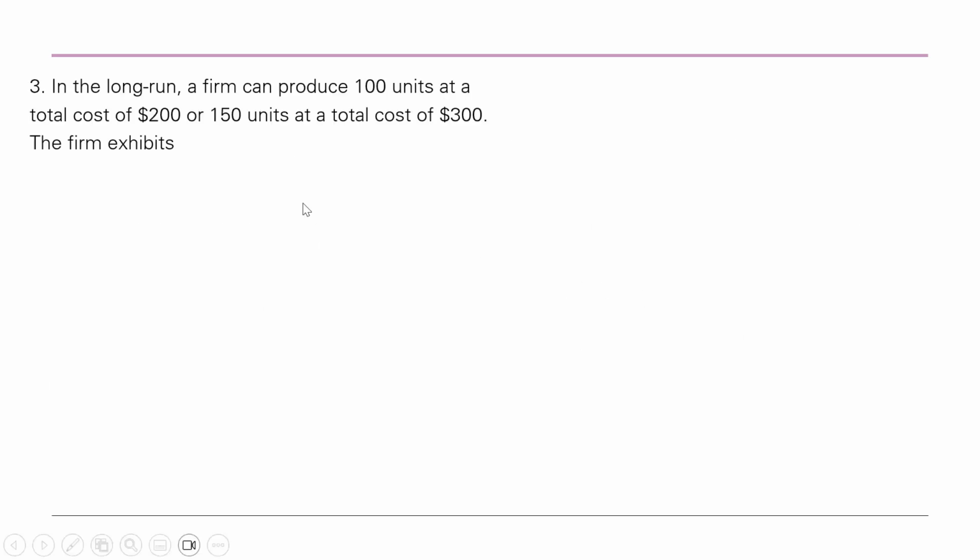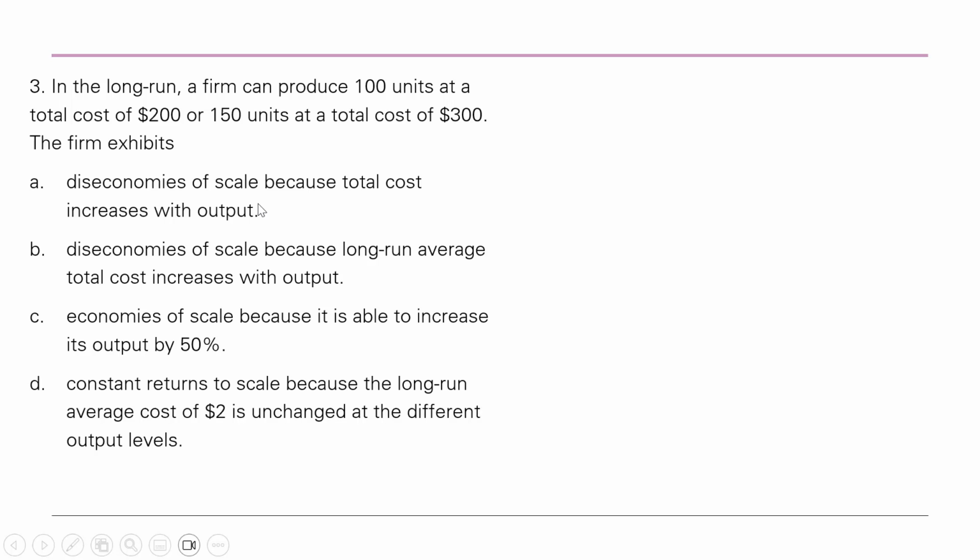Question 3. In the long run, a firm can produce 100 units at a total cost of $200 or 150 units at a total cost of $300. The firm exhibits... correct answer here is going to be D, constant returns to scale, because the long run average total cost of $2 is unchanged at the different output levels.